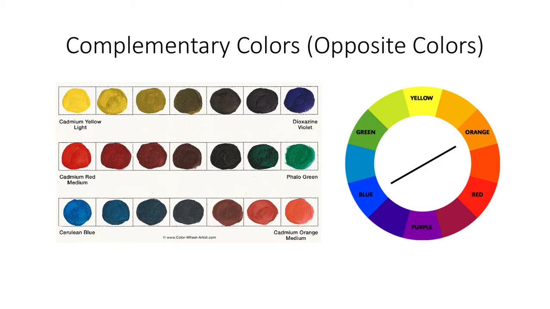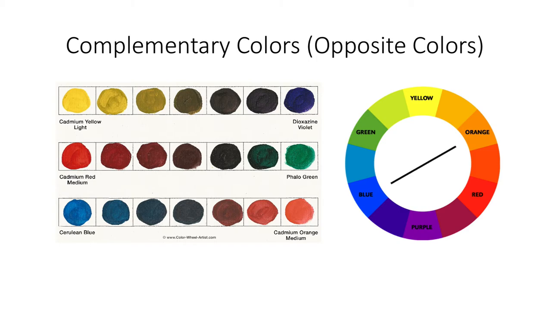So if you see a color that is neutral in the environment that you want to paint, say if you're painting a still life, if you see a gray and it's kind of indeterminate, a good place to start is by mixing two complementary colors together. So you could mix a yellow and a purple together, or a blue and an orange, or a green and a red, and a little bit of white if you want a gray.